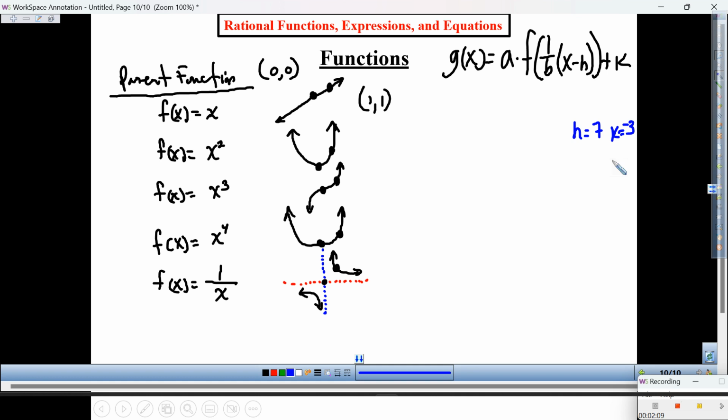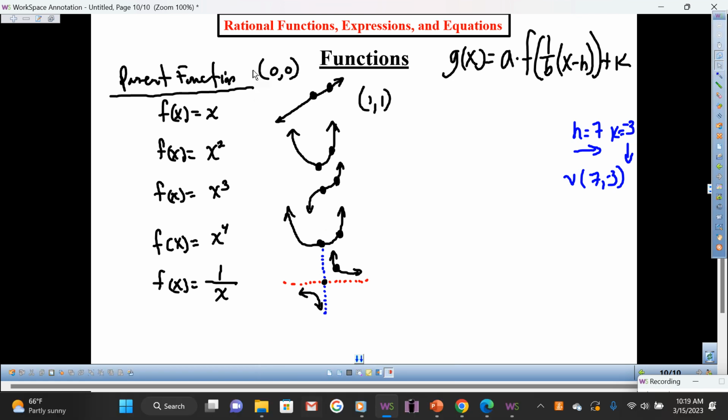Jaden. 7 to the right and 3 down. Have you got that? Or in other words, what's our new vertex, everyone? 7, -3. That is correct. So look what I'm going to do with my technology.